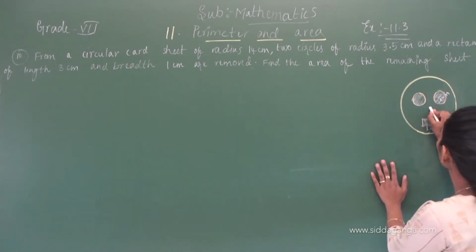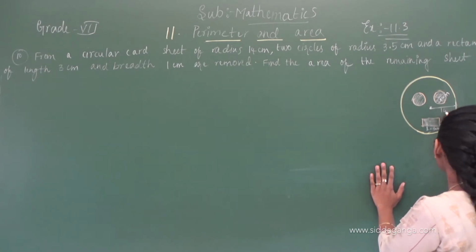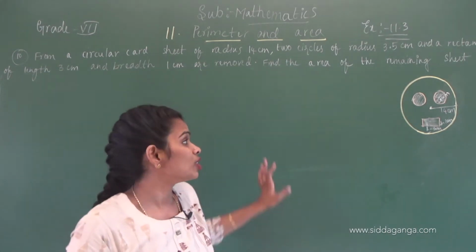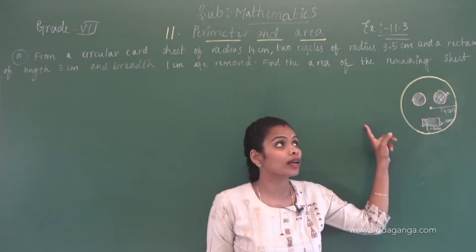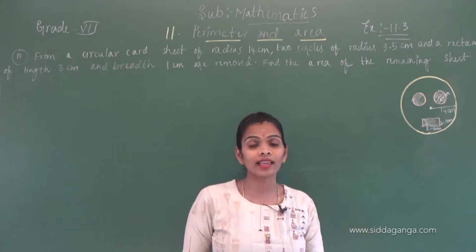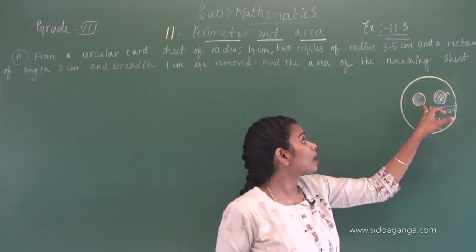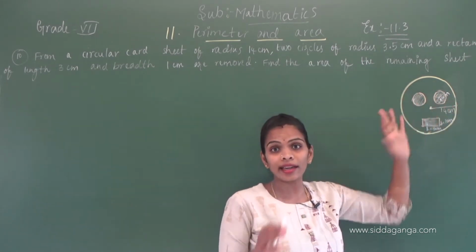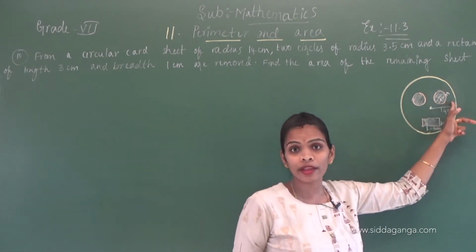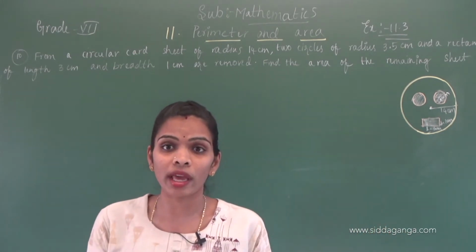The circular card sheet has radius 14 centimeters. They are cutting the paper, removing two small circles' portion and one rectangular portion, and the dimensions they have given.